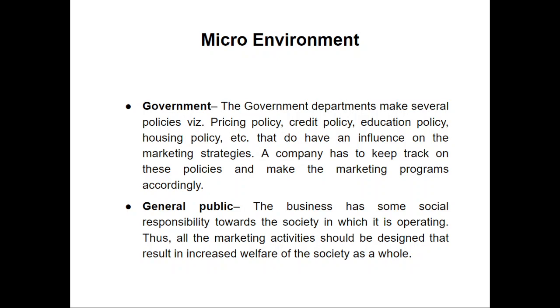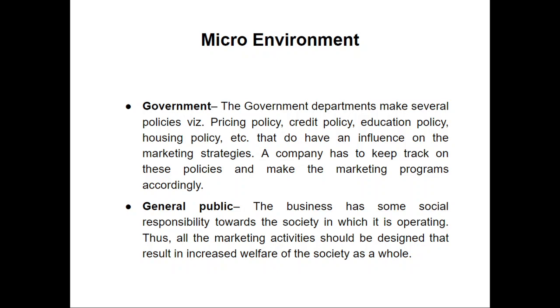A company has to keep track of these policies and make the marketing programs accordingly, for the benefit of the company and the public. And if the company follows the government policies as they are, it is going to be a success of legal existence for the company itself.